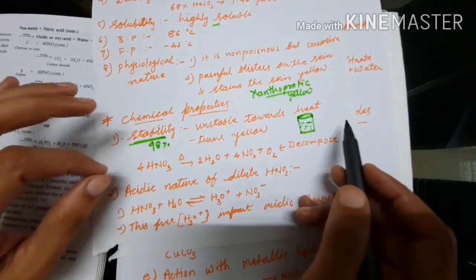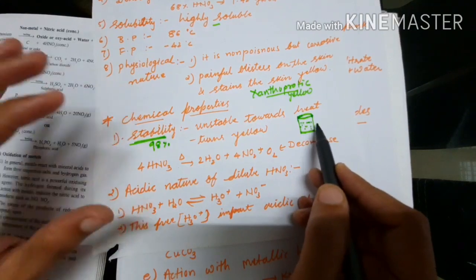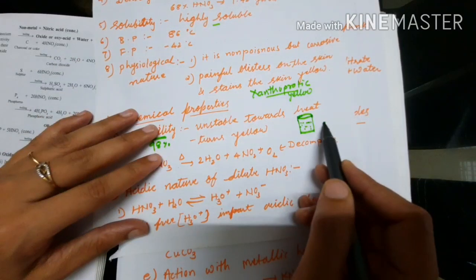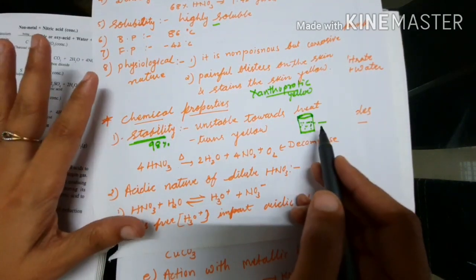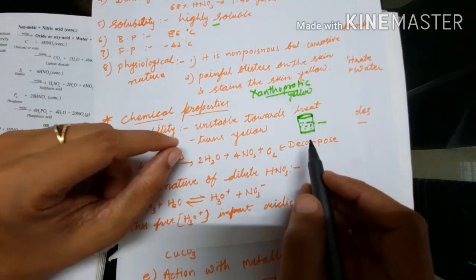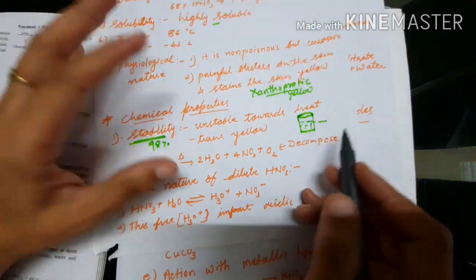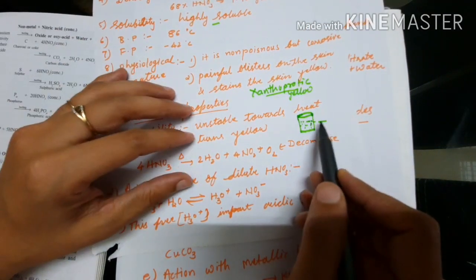If a little bit of sun rays comes into that cupboard, or if it is placed openly, then it immediately decomposes. Even a smaller amount of heat absorbed will make it decompose, and it converts into yellow color.